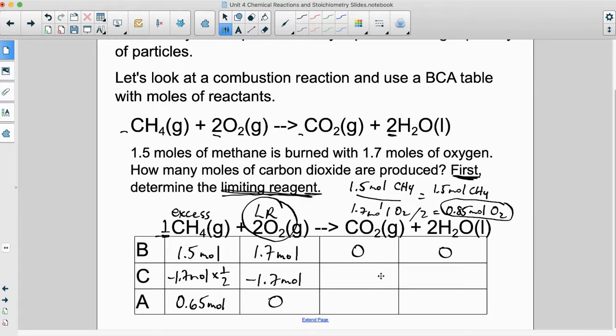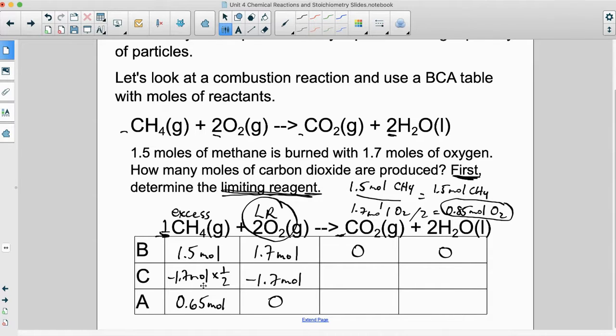Okay, so now let's figure out the products. For things that have the same coefficients, like for example CO2, which has the same coefficient as the CH4, whatever amount is used for CH4 is going to be the same amount for the CO2.